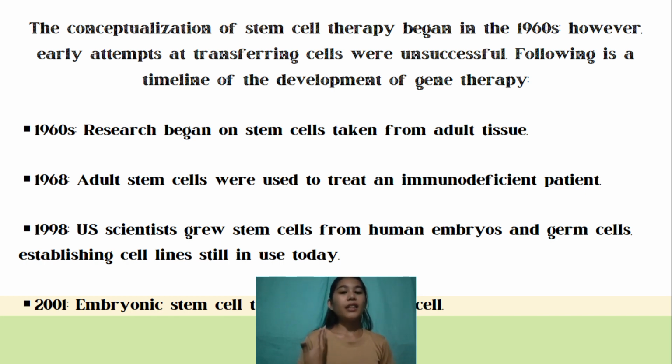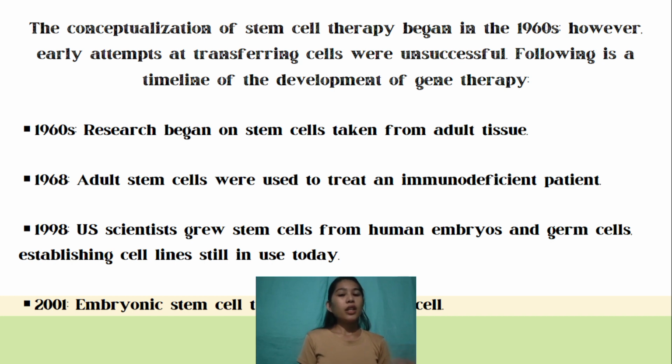Next, in 1968, adult stem cells were used to treat an immunodeficiency. When we say immunodeficiency, it is an immune deficiency disease or disorder that occurs when the immune system is not working as expected.